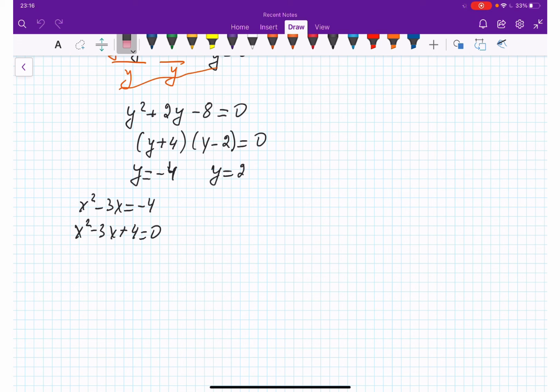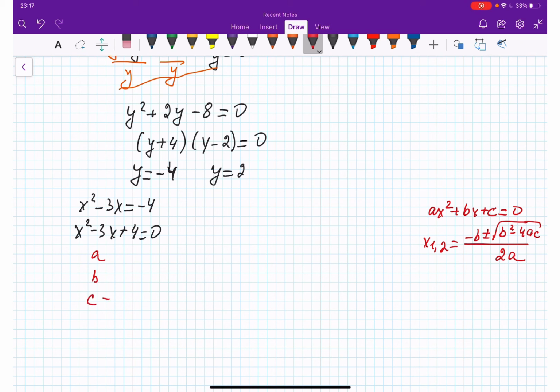That's the following method. When we have ax squared plus bx plus c is equal 0, x1,2 is equal negative b plus minus square root of b squared minus 4ac divided by 2a. All right, so a, b, and c. Let me see, a is equal 1, b is equal negative 3, c is equal positive 4.